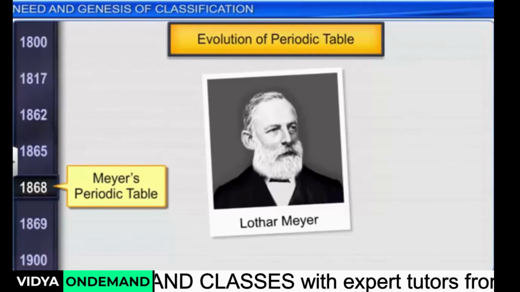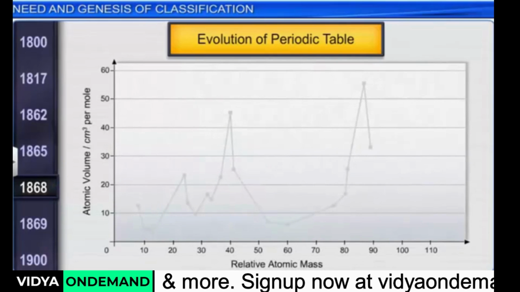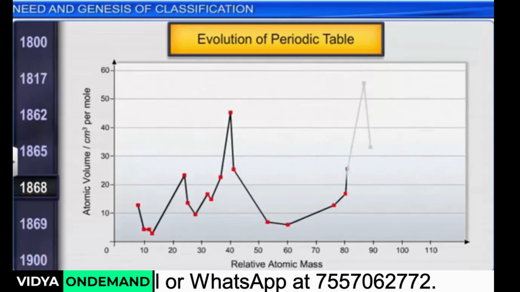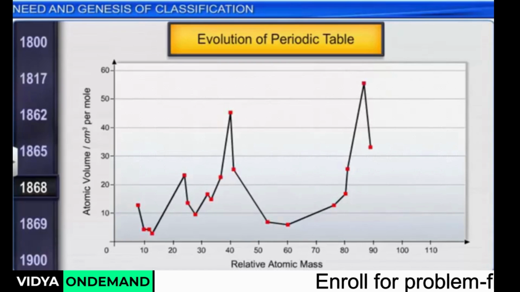He observed a periodically repeating pattern of chemical and physical properties against their atomic weight, while analyzing atomic volume, melting point, and boiling point of elements.